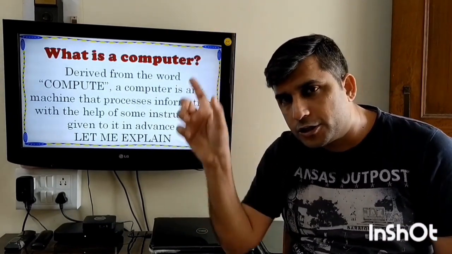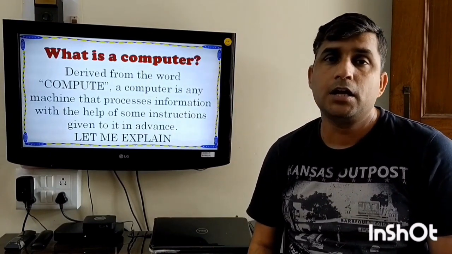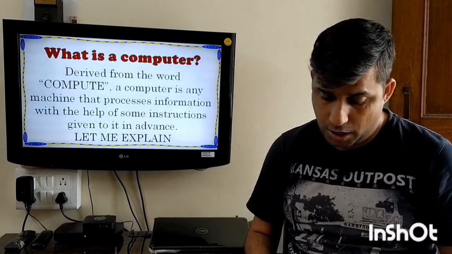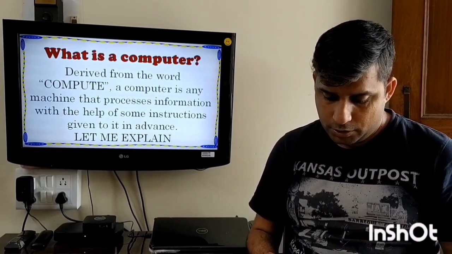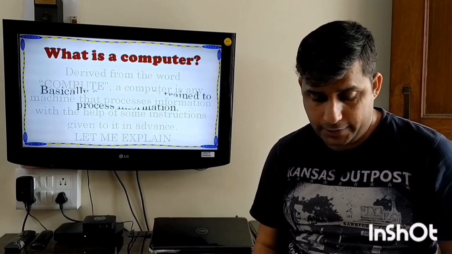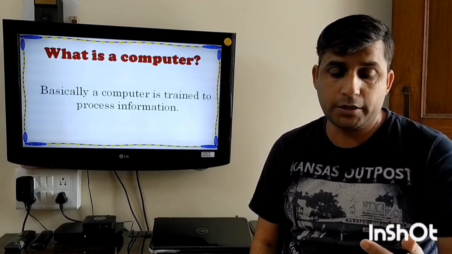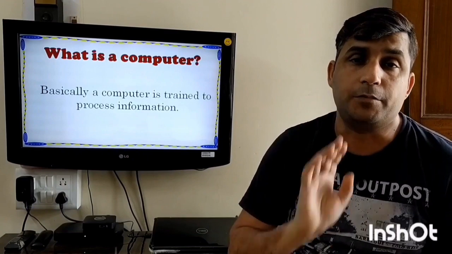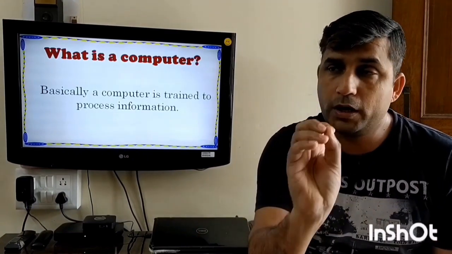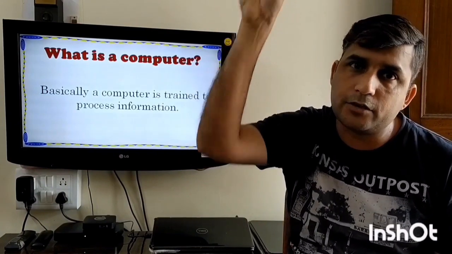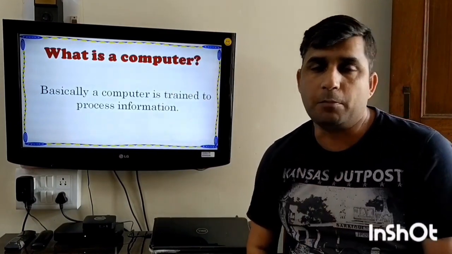The computer looks at all the instructions given earlier and then comes up with a logical conclusion. To explain it in a very simple way, basically a computer is trained to process your information. Whatever information you give, the computer already has the set of instructions to carry out your command.